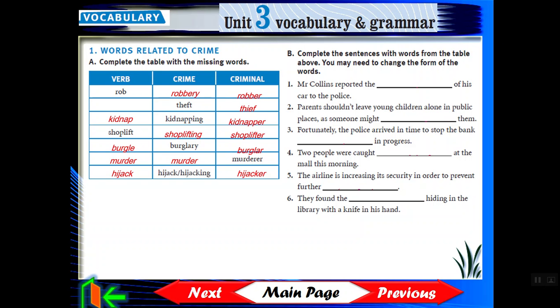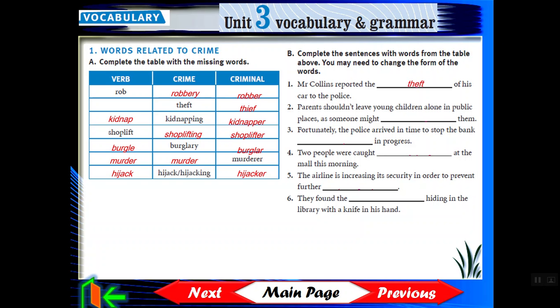So again, I'm going to read the words, the verbs from the table. Rob, يسرق. Usually this happens by using violence at a bank, or any way using violence. Rob means يسطو. So the word يسطو means that you use weapons to threaten people's life. Let's go for the answer.